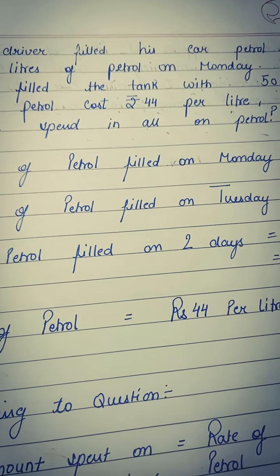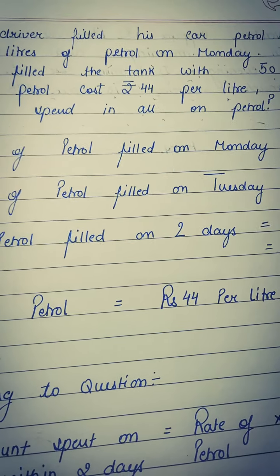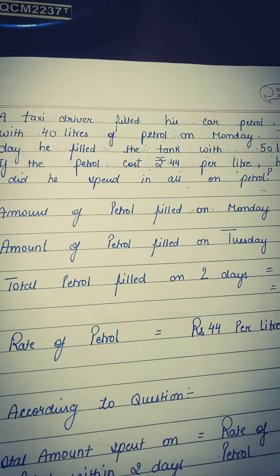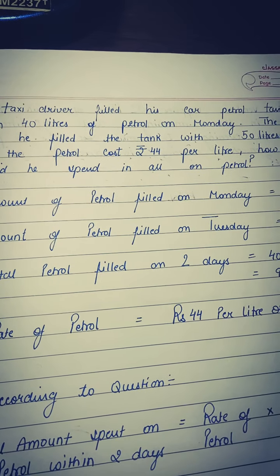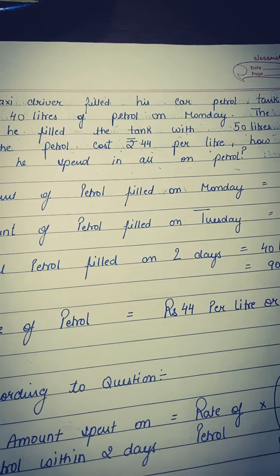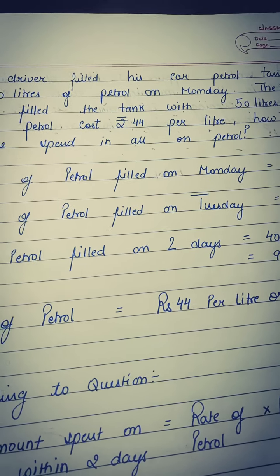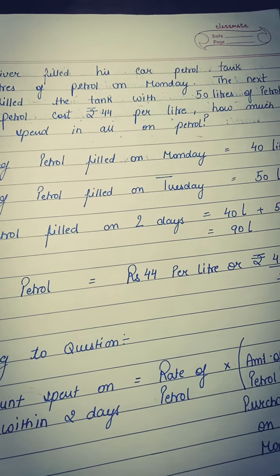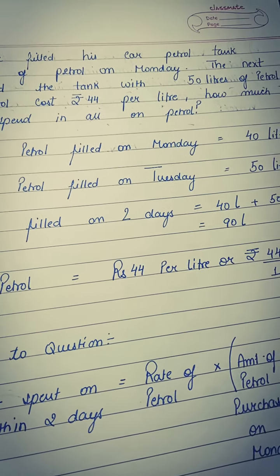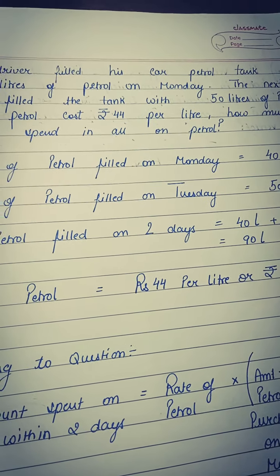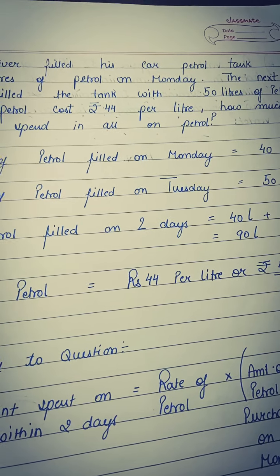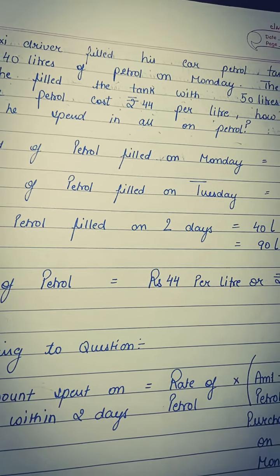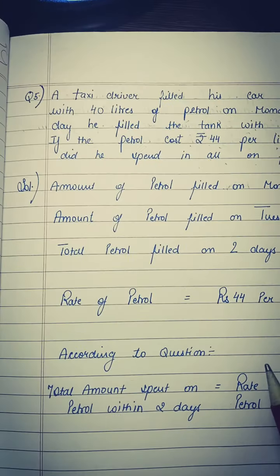That is, the equation will be as follows: the total cost of petrol purchased will be equal to the product of the rate of petrol per liter and the sum of petrol purchased on Monday plus petrol purchased on Tuesday. And we will solve it like this.